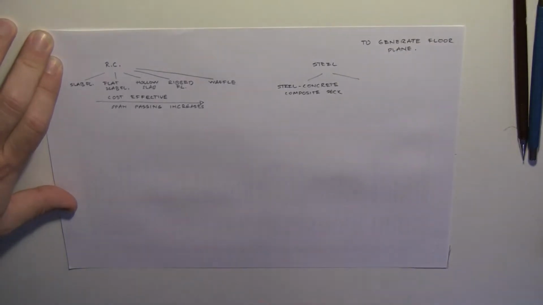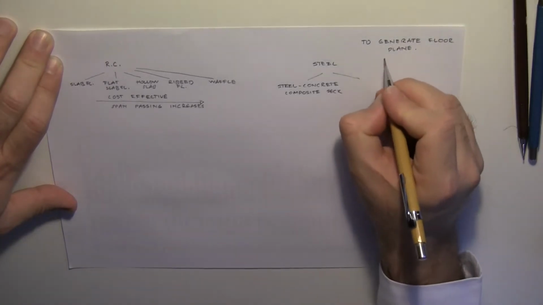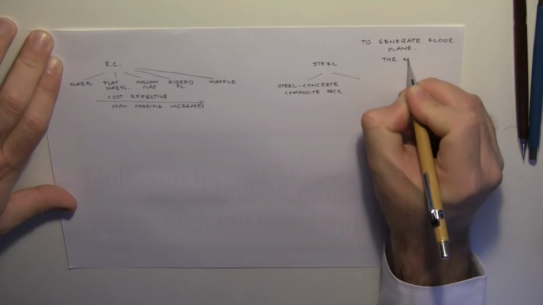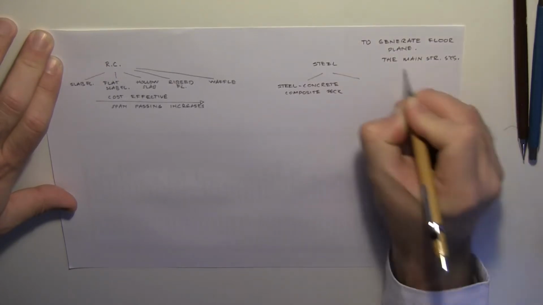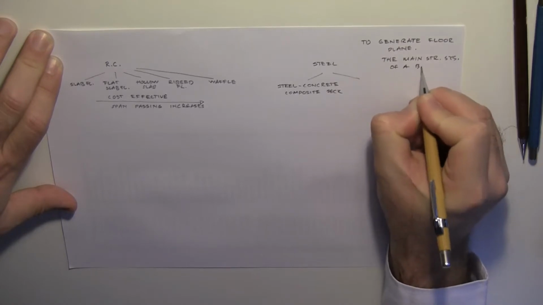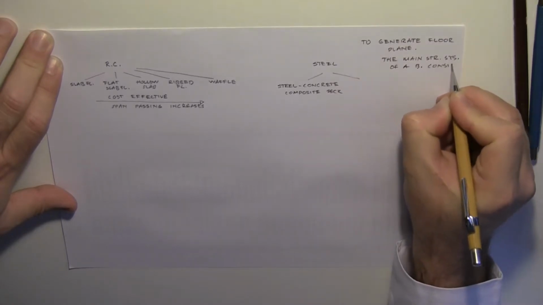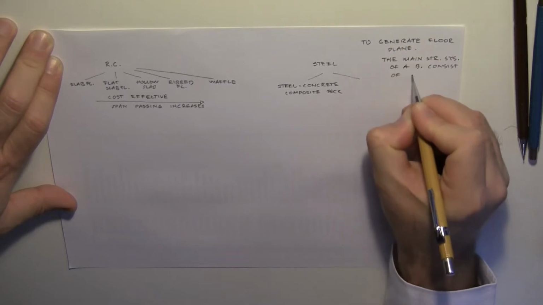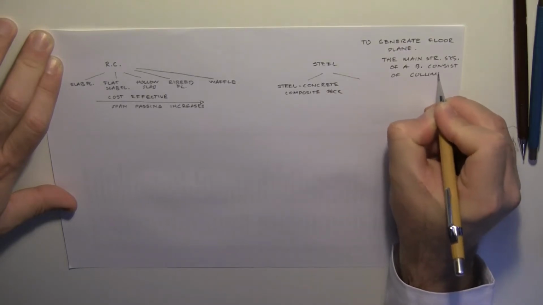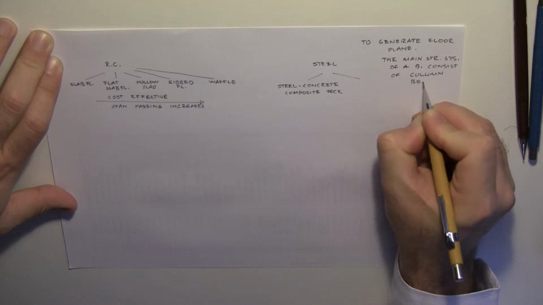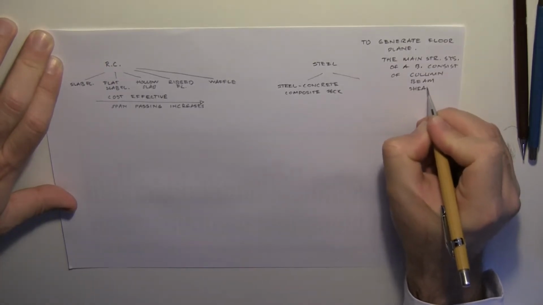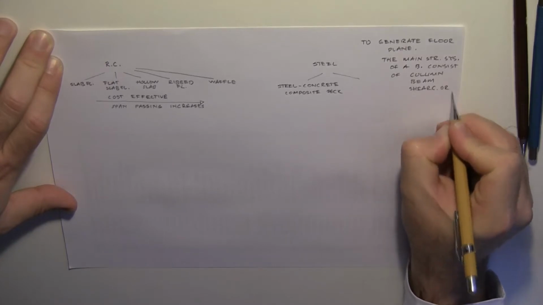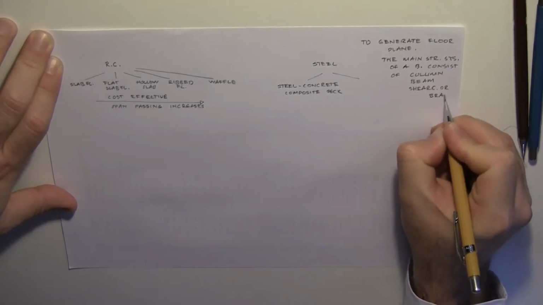Because during the lecture I explained in detail that the main structural system of the building consists of columns, beams, and shear columns or braces. If it is steel, it is braces.